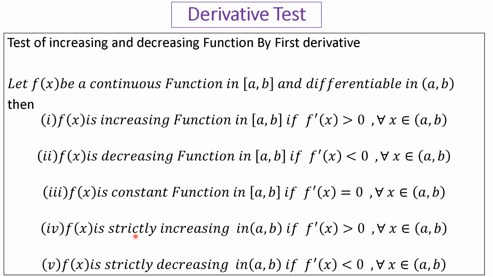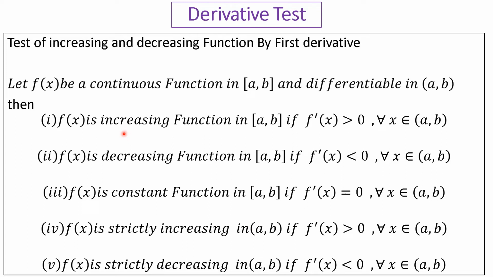f of x is strictly increasing in the open interval if f dash of x is greater than 0 for all x belongs to the interval (a, b). f of x is said to be strictly decreasing in the interval (a, b) if f dash of x is less than 0 for all x belongs to the interval (a, b).